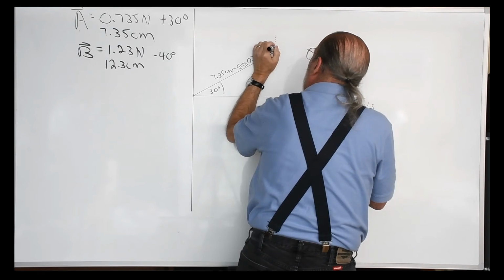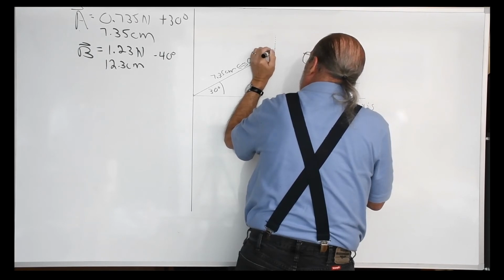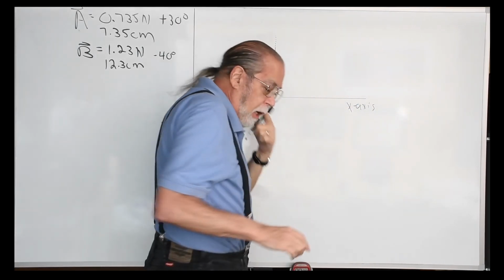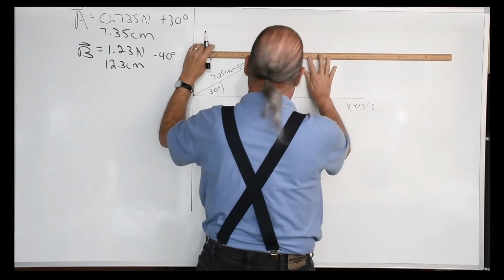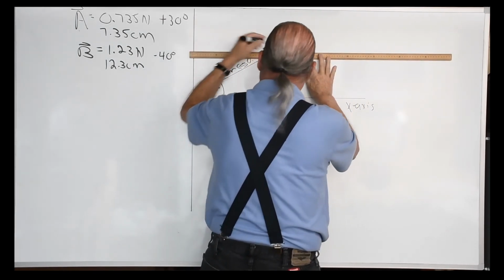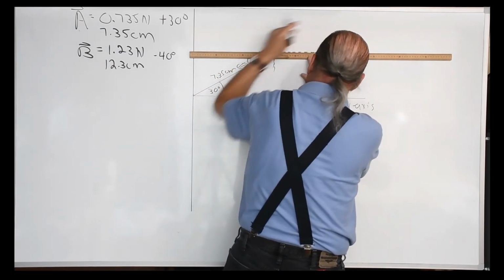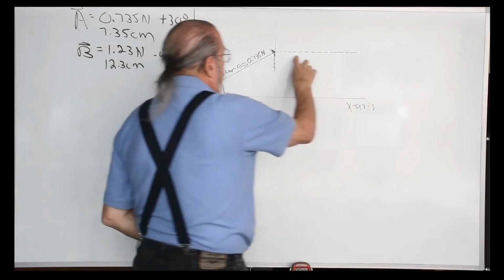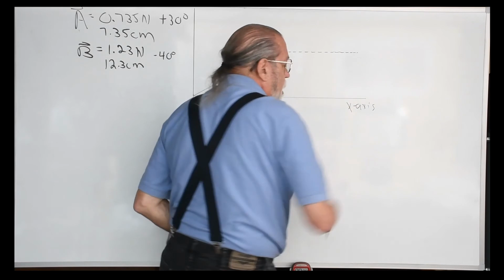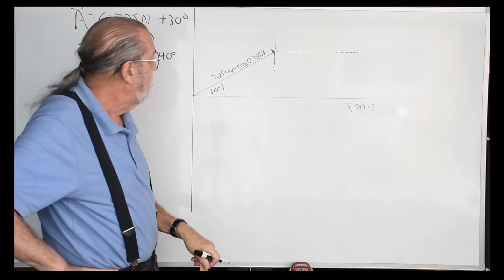So we move our origin up to here, right at the end of this first vector, which probably doesn't fall on a grid line, and we draw a new x-axis. It will not fall on one of the grid lines, but it must be parallel to the grid lines. This new x-axis must be parallel to the horizontal lines on the graph.